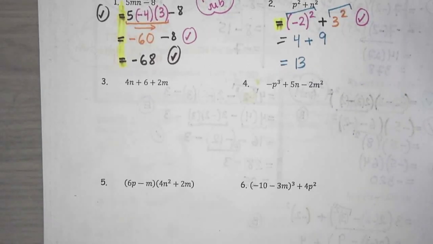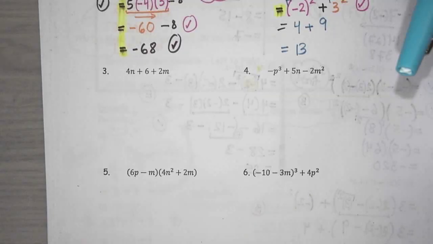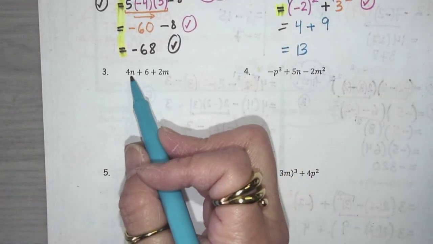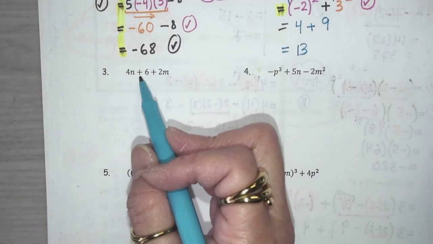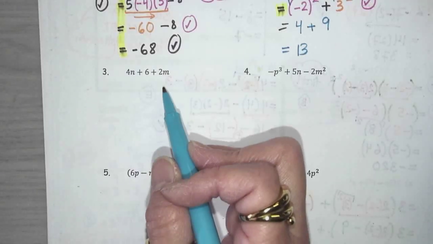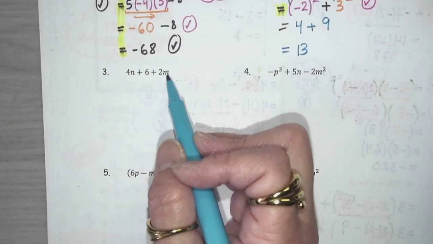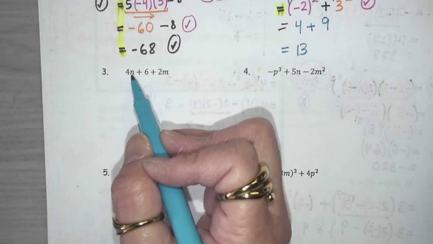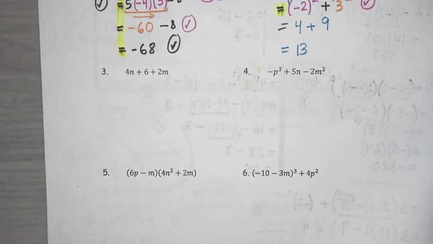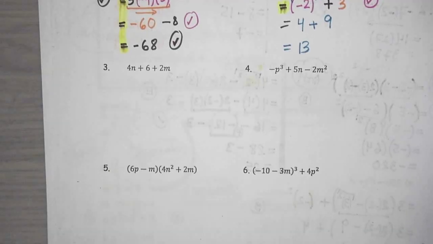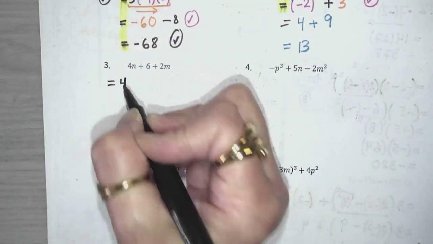Okay, this next question, we're going to keep going with the try now. We're doing 4 beside the n, so 4 times n plus 6 plus 2 times m. The way we read it is 4n plus 6 plus 2m. But when the number is beside the variable, it means multiplication. So when you write this, I go 4.